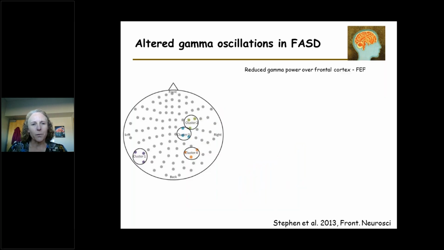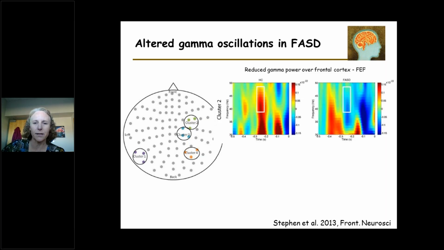So again, we looked at gamma oscillations. This is in the same data set as what I just reported in terms of the latencies. And these are the different regions that we found significant differences in gamma oscillations between our healthy controls and our kids with FASD. This is just an example of one of those findings from cluster 2. In this case, the kids with FASD had reduced gamma oscillations relative to the healthy controls.